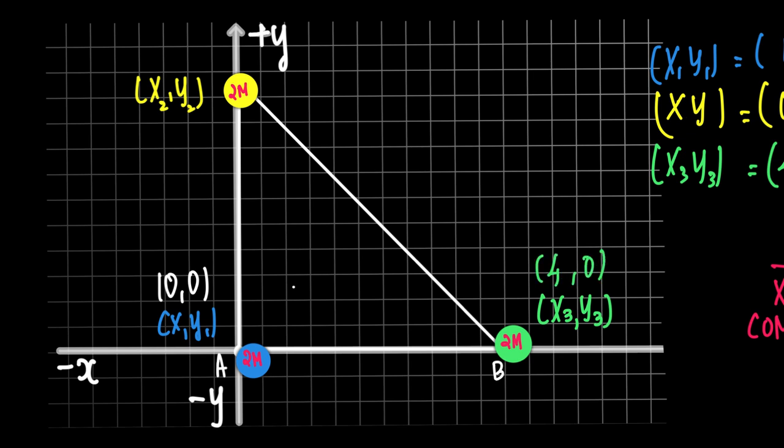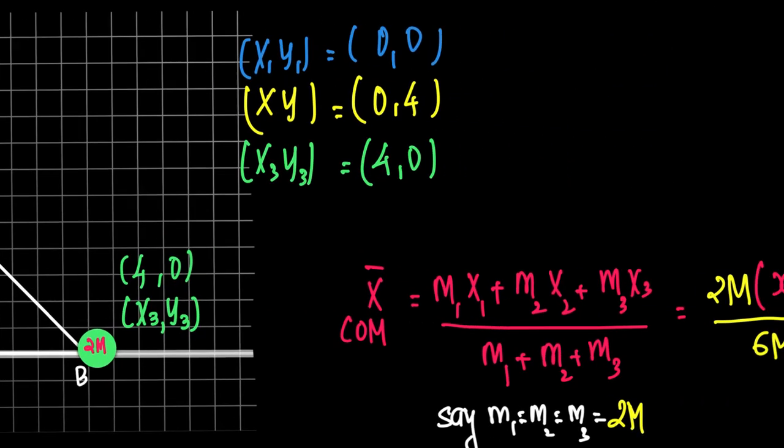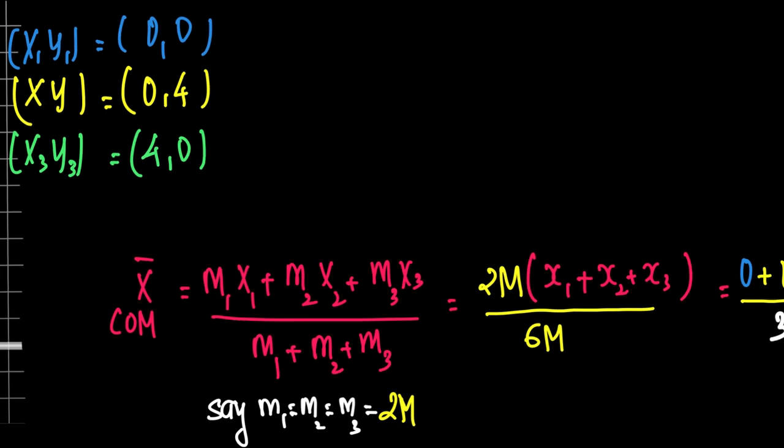Why? Because it's a point on x-axis. Now if AC here is equal to 4 meter, what would be x2? X2 is a point on the y-axis, therefore it is equal to 0. And y2 will be equal to 4. Why? Because AC is equal to 4. So now we have got the coordinates x1, y1, x2, y2, and x3, y3.